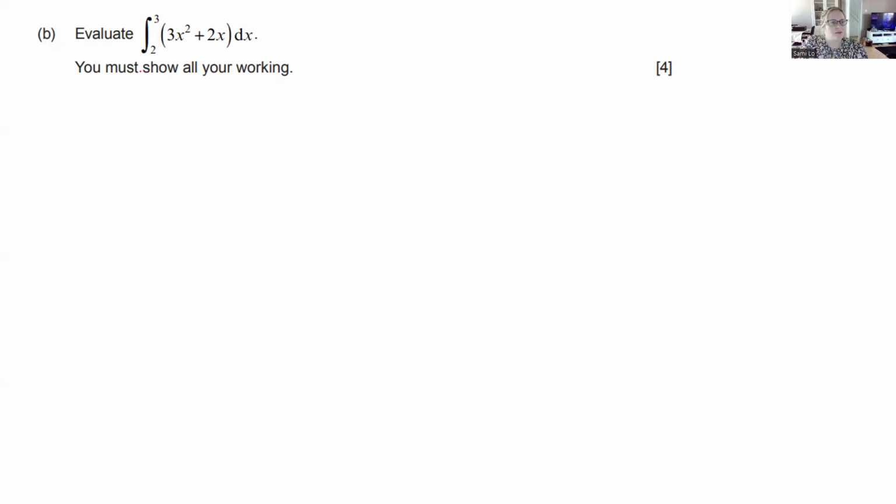Our power goes up by 1, and we divide by the new power. So 3x to the power of 3 over 3 plus 2x squared over 2 plus c. So that's it integrated. So I'm just going to simplify that out. That's going to give me x cubed plus x squared. It's a lovely question.